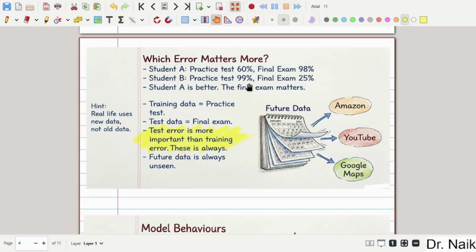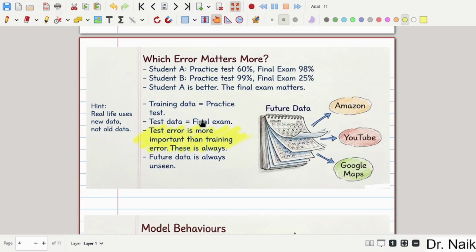Now suppose that there are two students in a class. Student A scores 60% in a practice test, but in the final exam he scores 98%, and another student B scores 99% in the practice test, but in the final exam he scores 25%. Then it is obvious that student A is better because he scored more in the final exam.